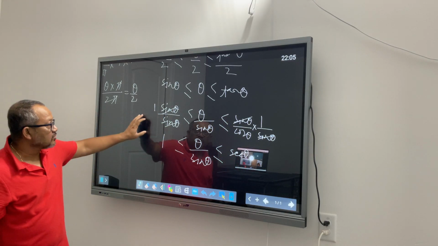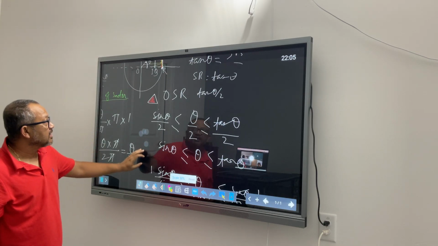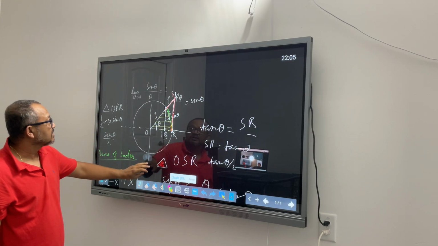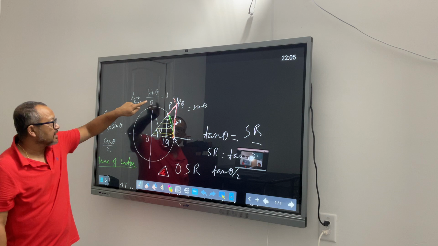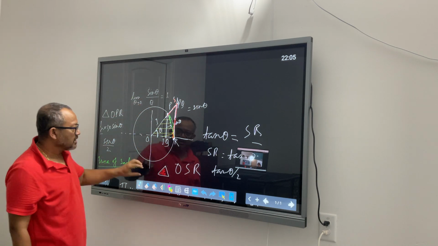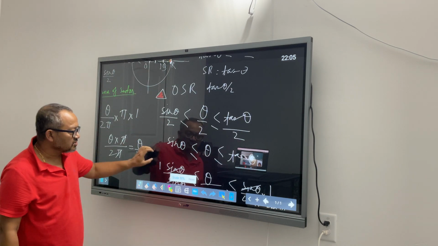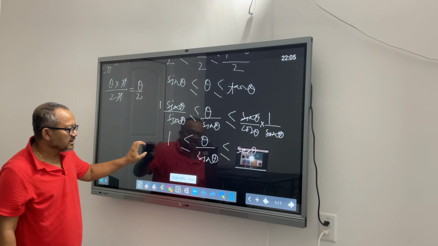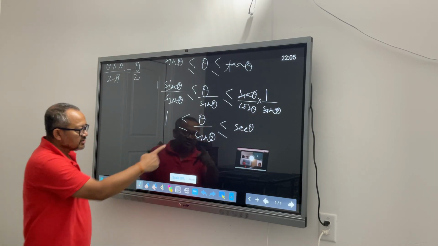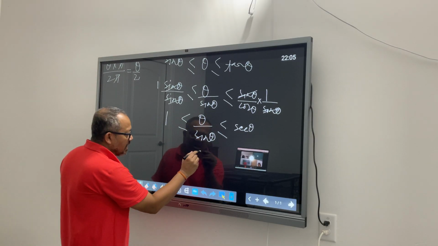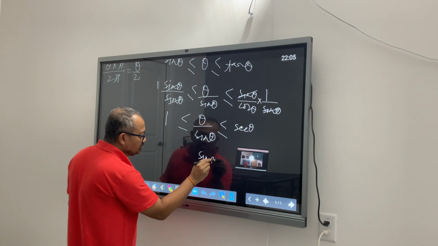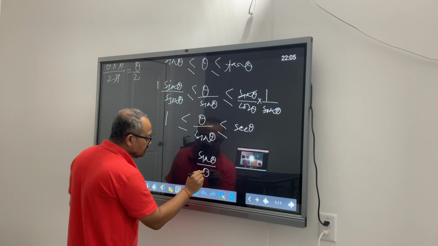But what was our goal? Since the beginning we were trying to prove this: limit of sin theta by theta equals 1. Sin theta has to be my numerator and theta has to be my denominator. So I want to flip the game. I want to bring sin theta to the numerator and theta to the denominator.